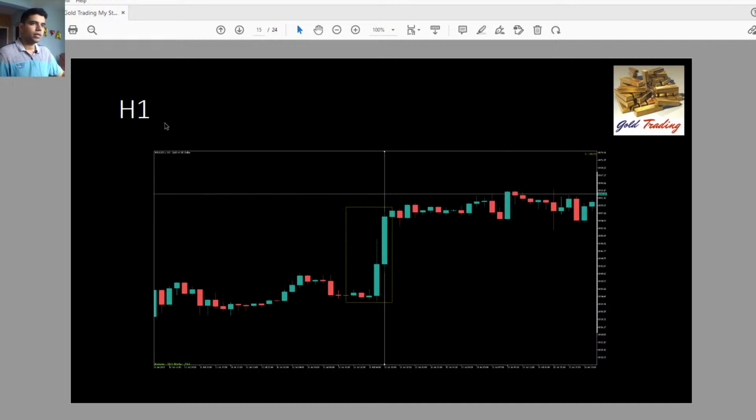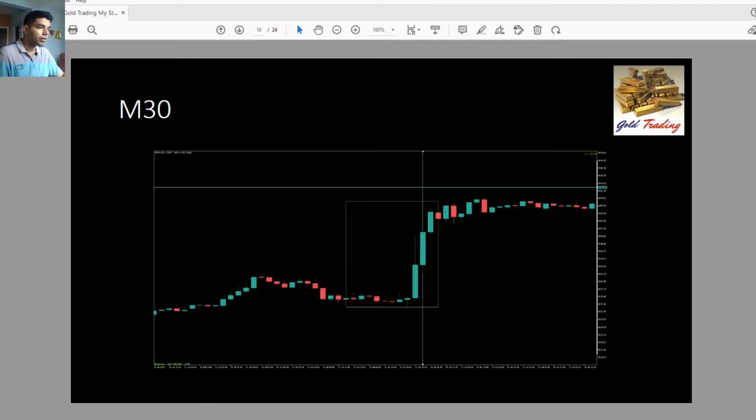This is H1 time frame. Okay guys, so this is a nice green candle, and it is closing above this resistance level. So in my mind, I think the next candle most probably will also be a nice green candle. Okay guys, so I started looking for my early entry. Okay guys, so I scan M30.